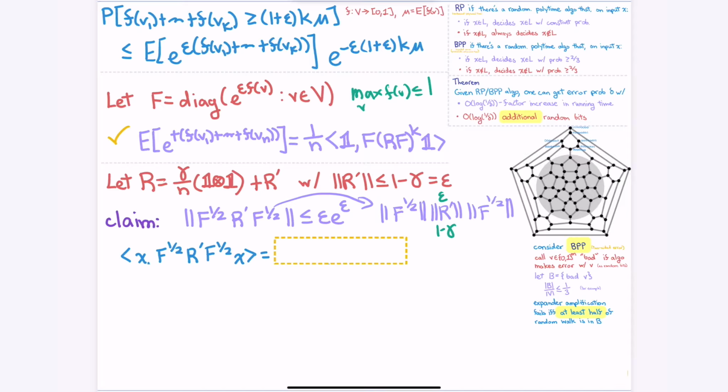So I can write e to the 1/2 here. Oh, no, sorry, epsilon over 2. Because it's e to the epsilon prize. And over here, we'll also get e to the epsilon over 2. So together, you're going to get epsilon, and these will add up in the exponent: epsilon e to the epsilon. Okay, so that may be better.